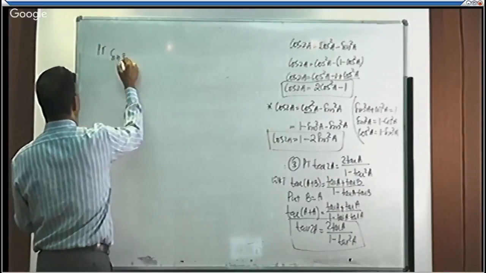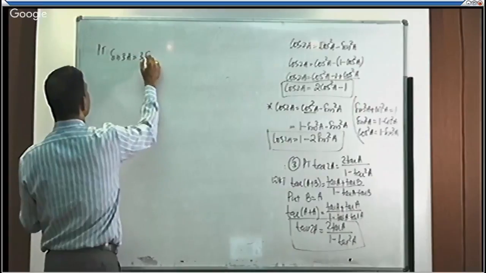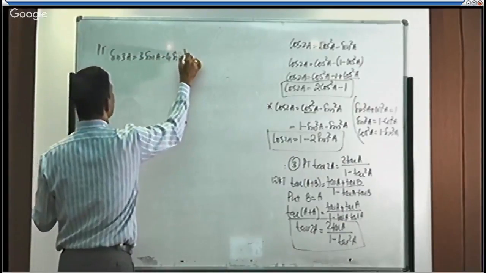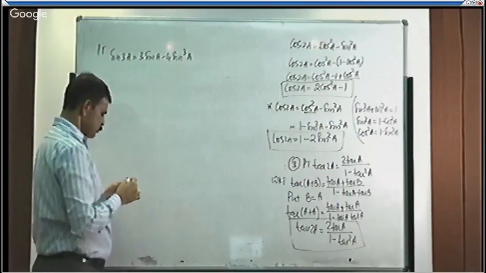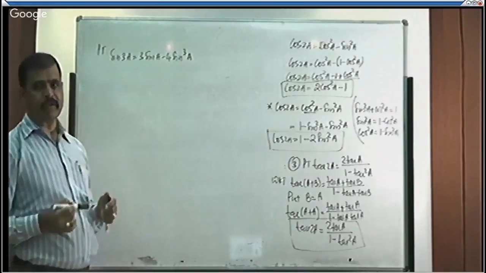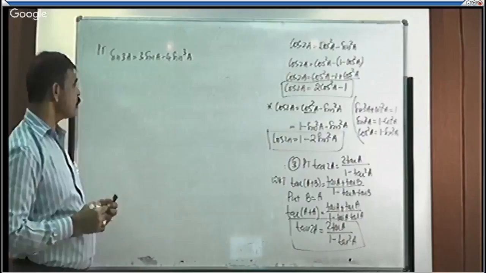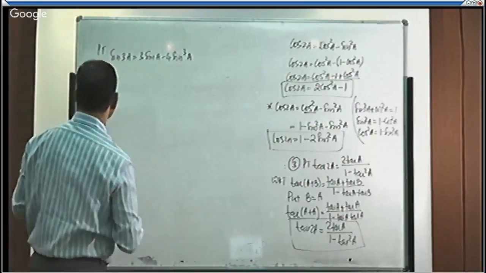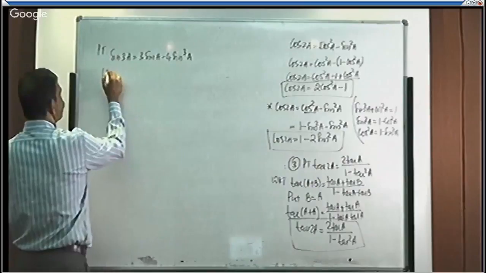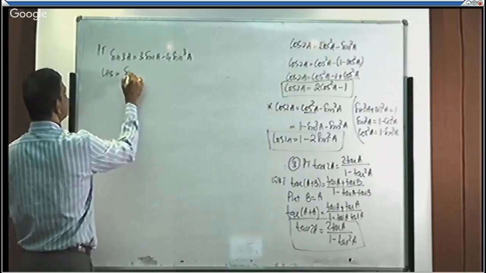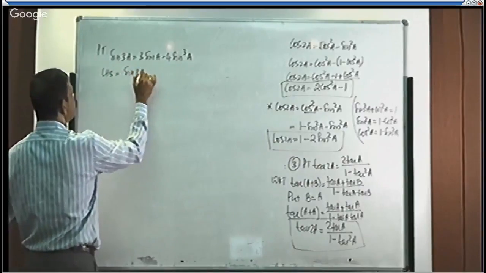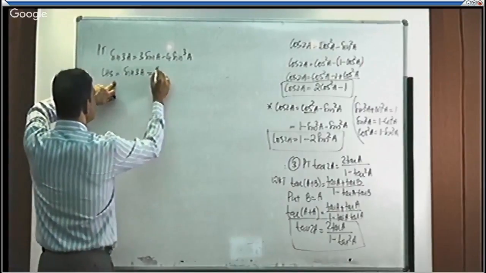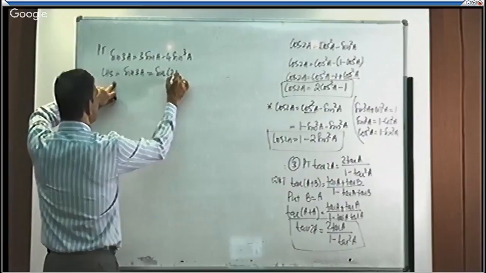Sin 3A is equal to 3 sin A minus 4 sin cube A. Prove that sin 3A is equal to 3 sin A minus 4 sin cube A. It is very important for your examination purpose. You take the left hand side. What is the left hand side? It is sin 3A, right? Can you write this sin 3A as sin of 2A plus A?